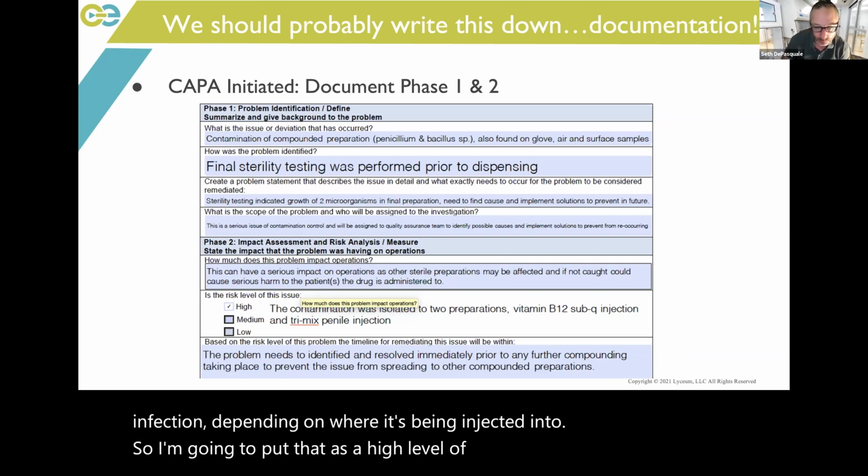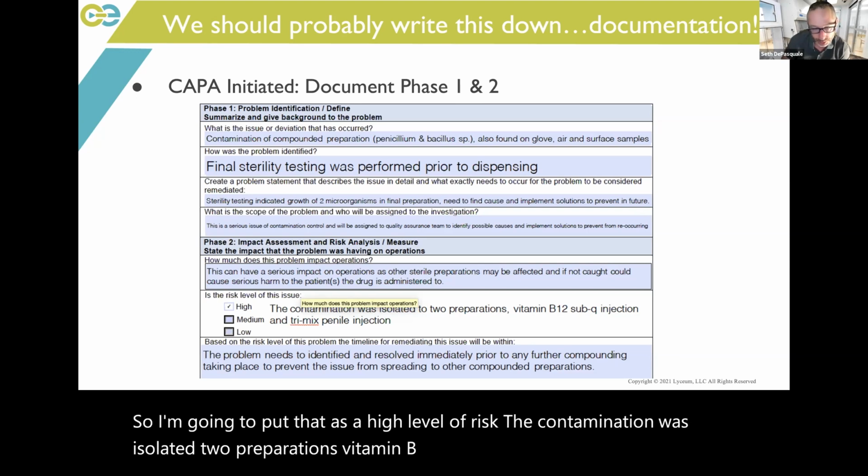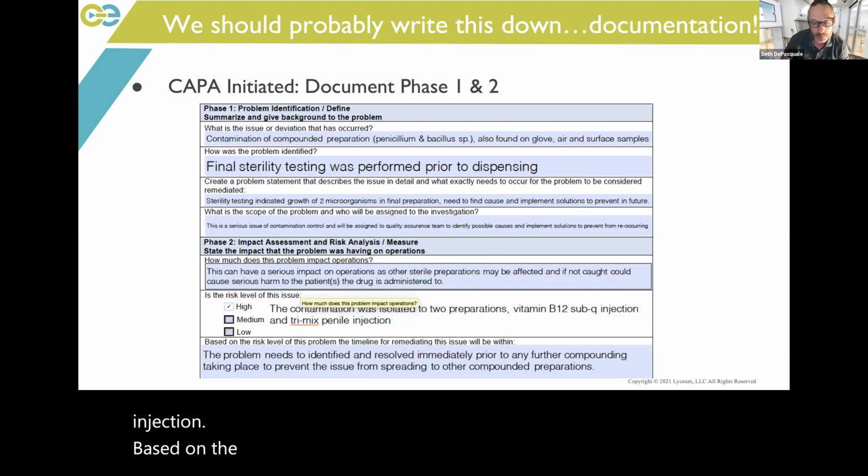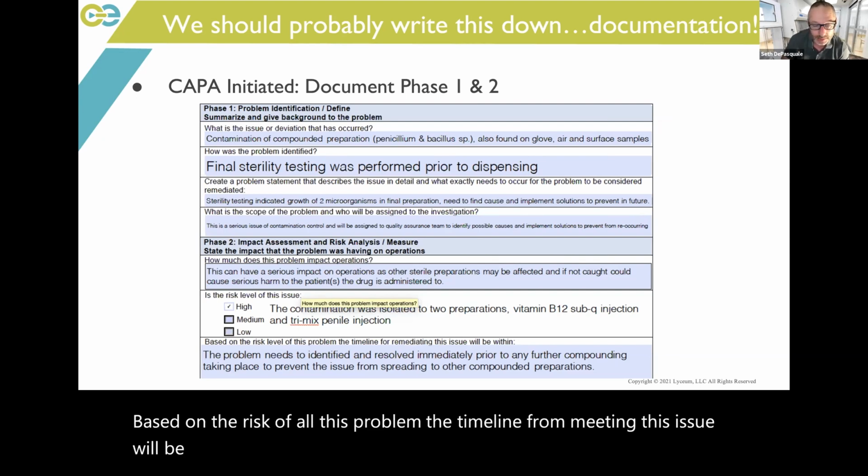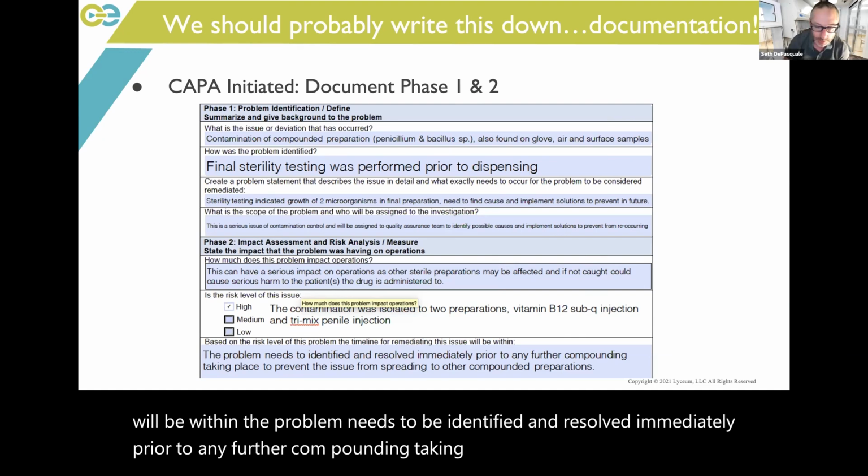The contamination was isolated to 2 preparations: vitamin B12, a sub-Q injection, and trimix, a penile injection. Based on the risk level, the problem needs to be identified and resolved immediately, prior to any further compounding taking place.